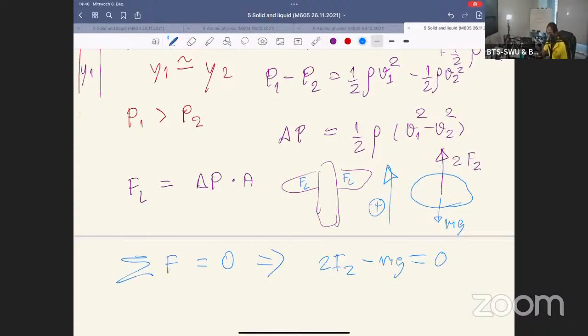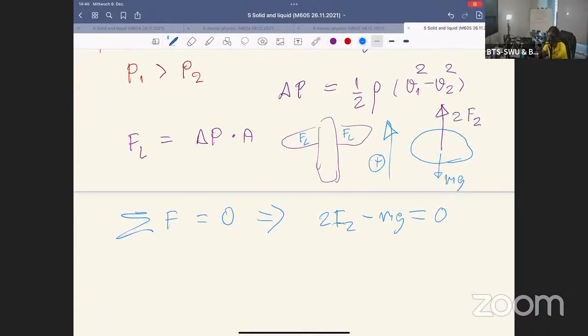And we want to find M. We move mg to the right hand side and we move g to the left hand side. You're gonna have M equal to 2FL divided by g.